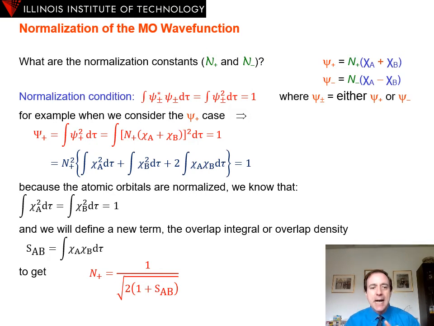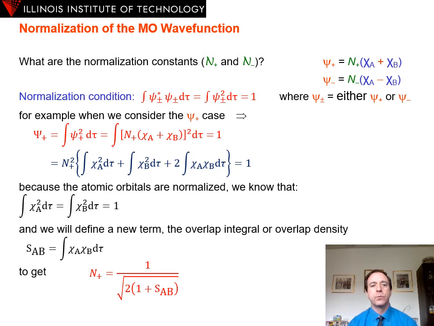So in this slide, for this example, we'll take into consideration the psi plus case and we'll normalize it. So we're going to set the integral of psi plus squared d tau equal to 1. That means we're going to have the quantity N plus, which is the normalization constant for the psi plus wave function, times the quantity chi A plus chi B. Those are the two individual atomic orbital wave functions.